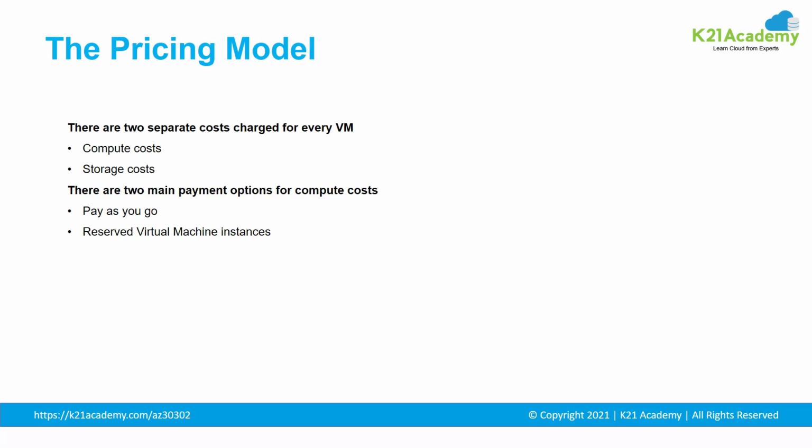You are able to increase or decrease your compute capacity on demand, as well as start and stop anytime you want. You prefer this option to run applications with short-term or unpredictable workloads that cannot be interrupted.